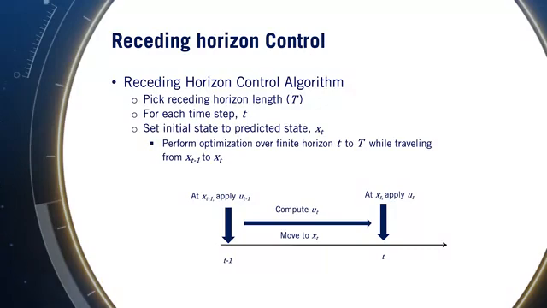Although we won't exactly arrive at the predicted state at time t due to disturbances, we do expect to be reasonably close if the time interval is short. And finally, we apply the control signal from the first time step of the receding horizon optimization and repeat the process for the next time step.